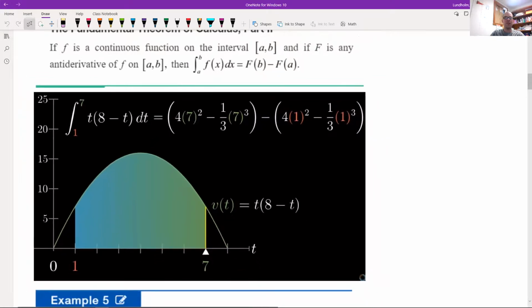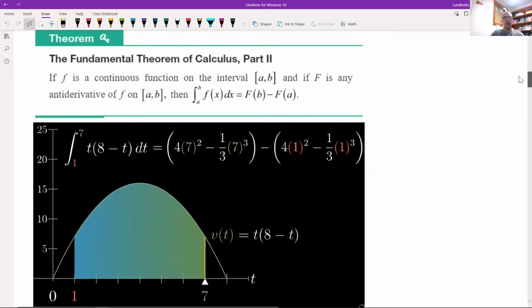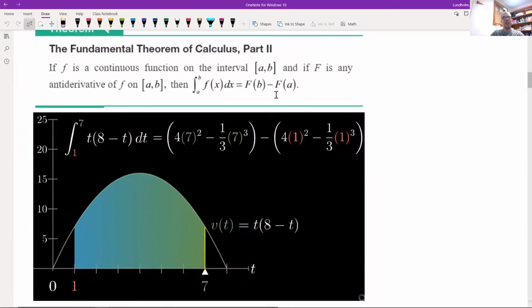Let me go ahead and zoom out one click. Essentially, what we're doing with this fundamental theorem of calculus is we're interested in this shaded area between 1 and 7, let's say. That's A and B. And we're evaluating an area function at B, and then we're evaluating an area function at A. Let's just say we had defined an area function that started at 0.